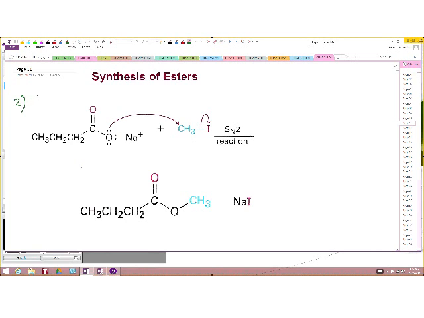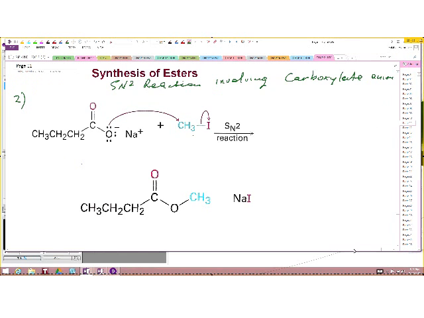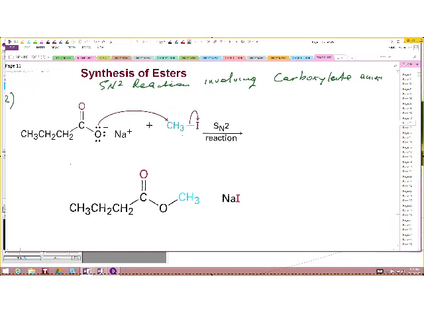I will call this SN2 reaction involving carboxylate ions and alkylating agents. Okay, now what do we mean by this?